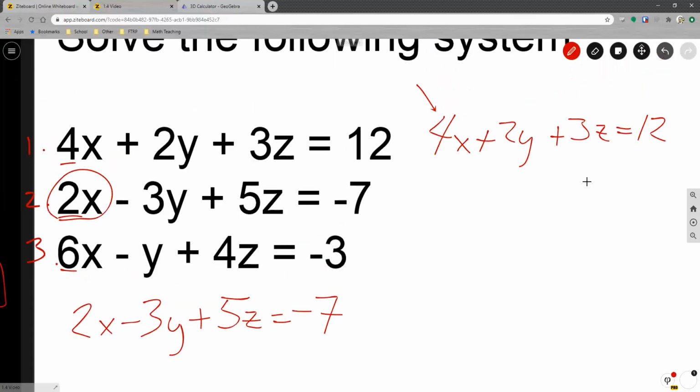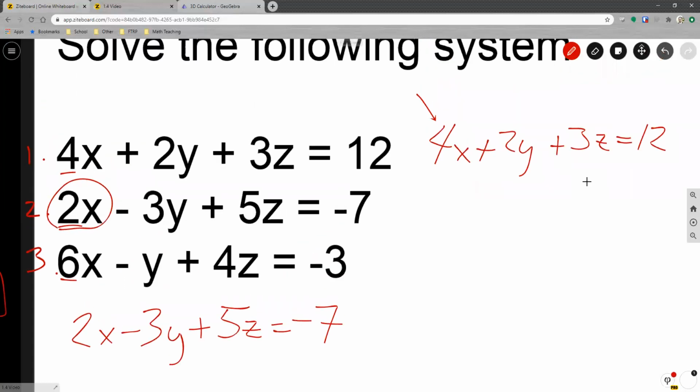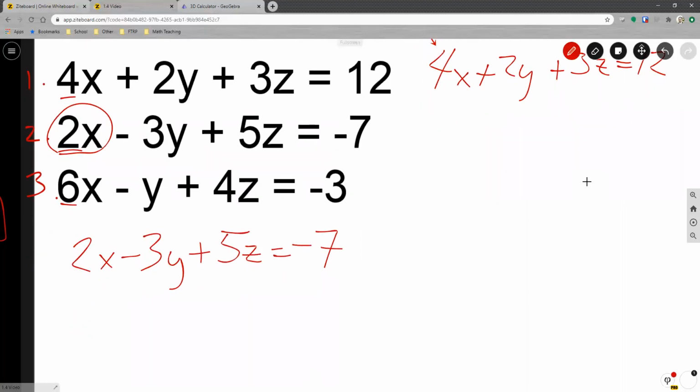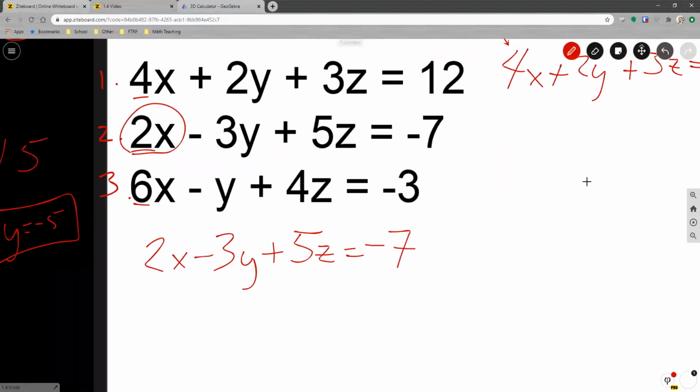Well, if I want to eliminate 4x from this new equation, I need to somehow have a minus 4x when I combine the equations together. Positive 4 and minus 4 are going to delete each other. So what I've got to do is take this second equation and multiply it by something.